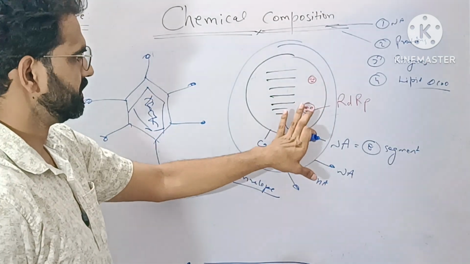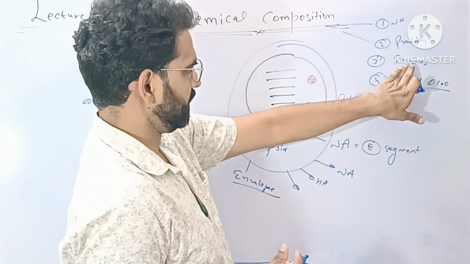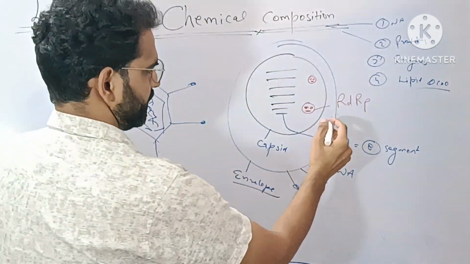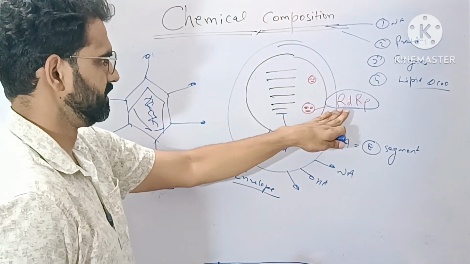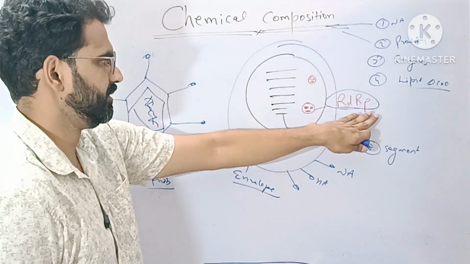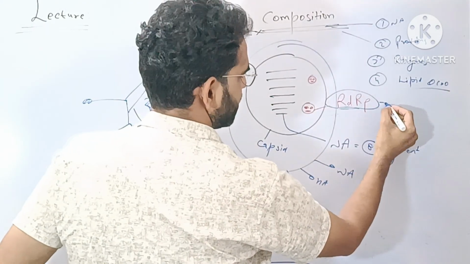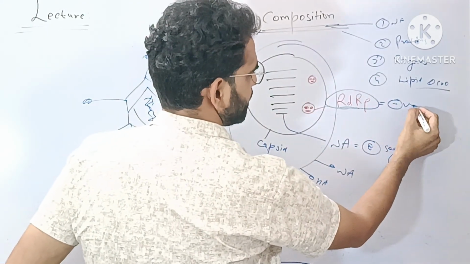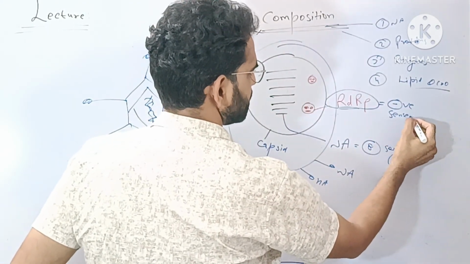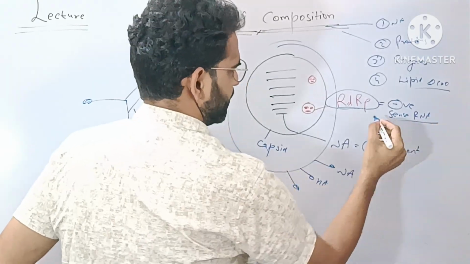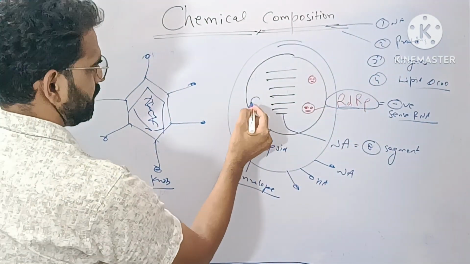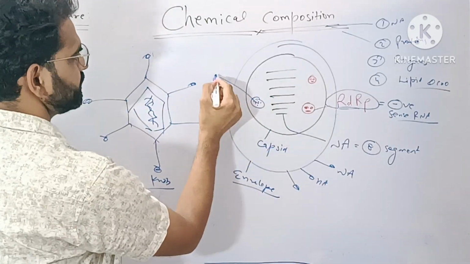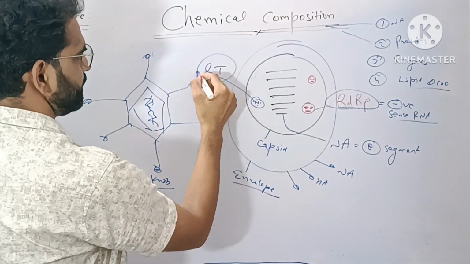These viruses contain some enzymes, for example RdRp. This RdRp is RNA-dependent RNA polymerase enzyme, which is mainly found in some negative-sense RNA viruses. Another enzyme is reverse transcriptase.